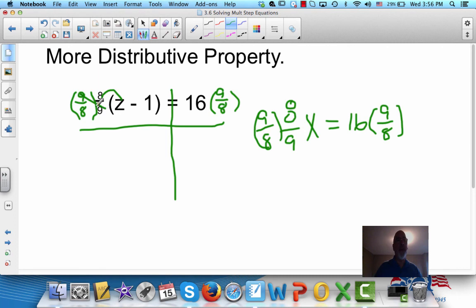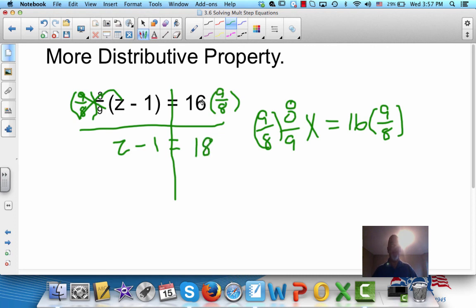Now, these two cancel each other out, and you're left with z minus 1 equals. And remember, I've told you several times that a fraction is just a multiplication and a division problem, or a division and a multiplication problem. You divide by the bottom number, multiply by the top number. So we're going to go 16 divided by 8 gives you 2, times 9 gives you 18.